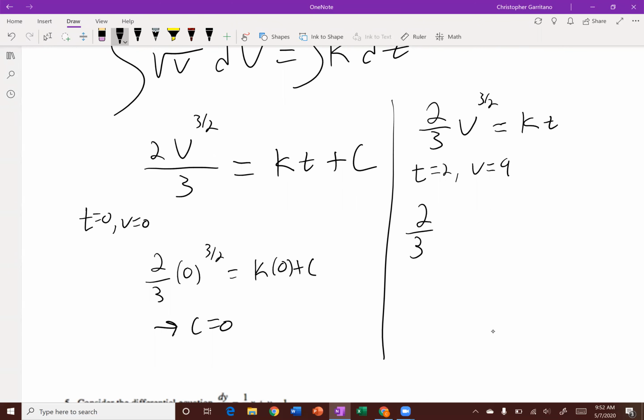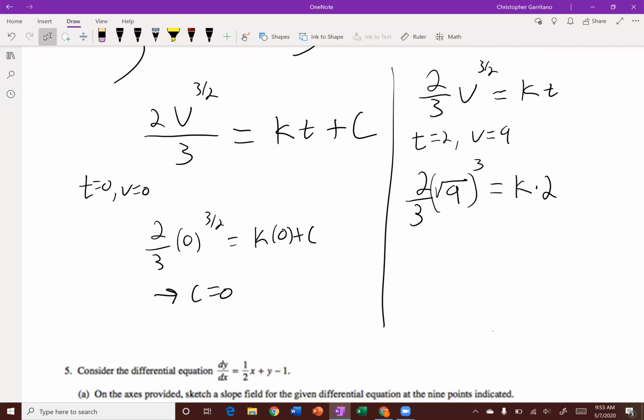2/3 times 9 to the 3 halves. I'm going to rewrite this as square root of 9 cubed. It's just an easier way of thinking about it and evaluating it, especially if you didn't have a calculator. And that should equal k times 2.